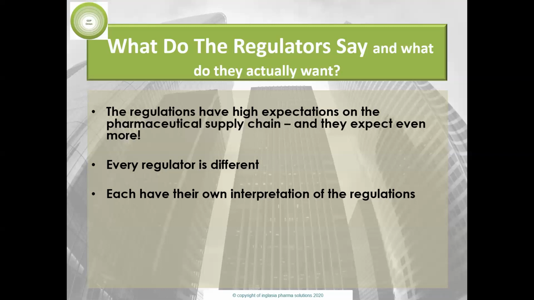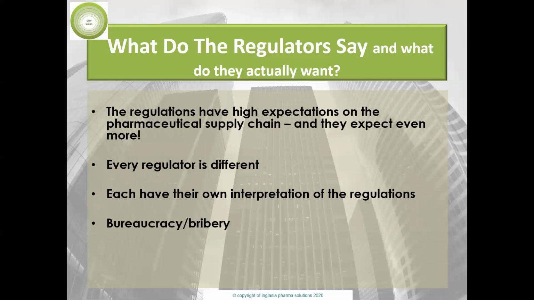And they find that quite unusual, that the GDP expectations are to ensure that you keep a log of people that come in and out of your facility, so that if anything goes wrong, you can look at who could potentially have played a part in a failure within the warehouse or transportation of product to a customer.